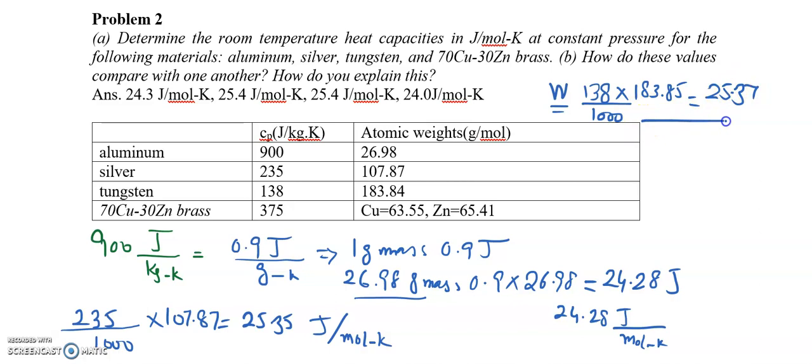For 70 copper, 30 zinc, we need to find its average atomic weight.